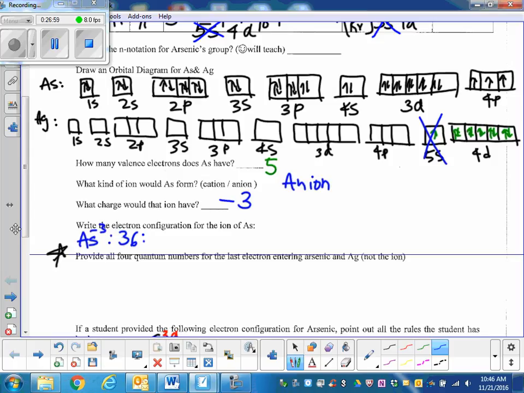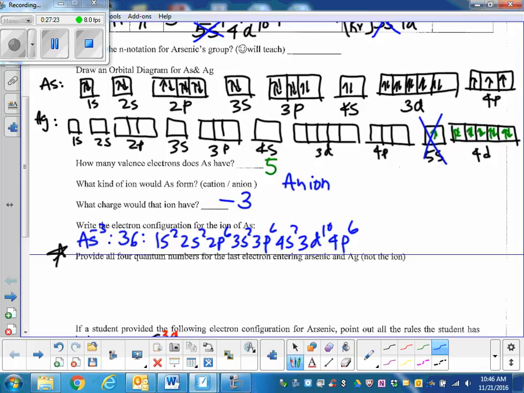Correct? Alright? So it's going to be 1s2, 2s2, 2p6, 3s2, 3p6, 4s2, 3d10, 4p6. Is that right? And that is the electron configuration for krypton. Are we good?